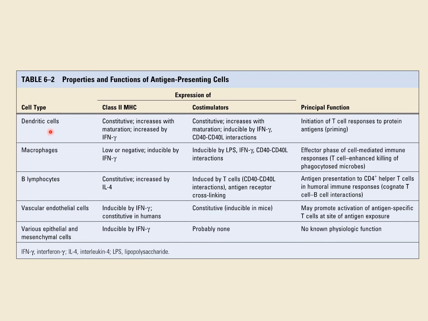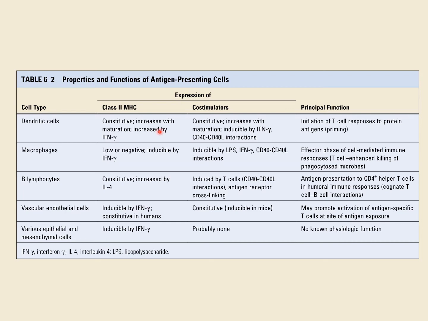These dendritic cells have MHC class II molecules on the surface and their expression is constitutive, that is, it increases with maturation as well as with interferon gamma. The expression of the co-stimulator is also constitutive, that is, it increases with maturation and it is inducible by interferon gamma. The principal function of dendritic cells is initiation of T cell response to protein antigen, that is, priming.